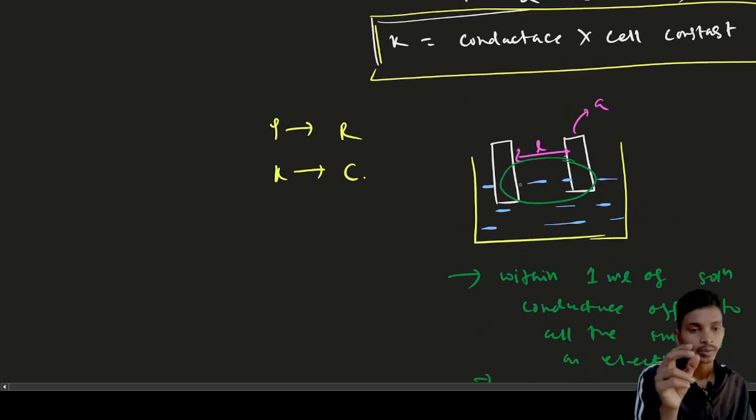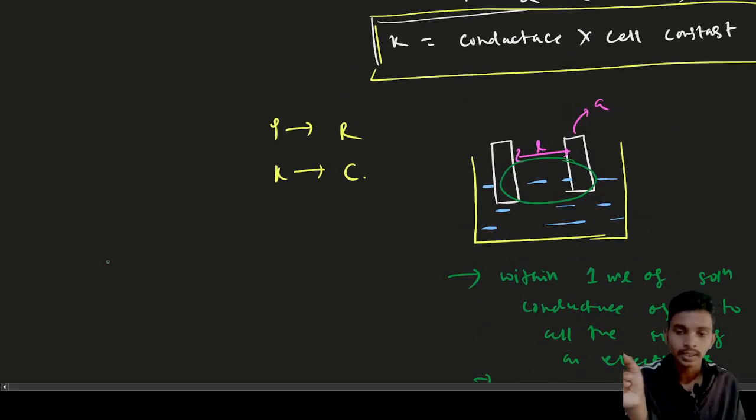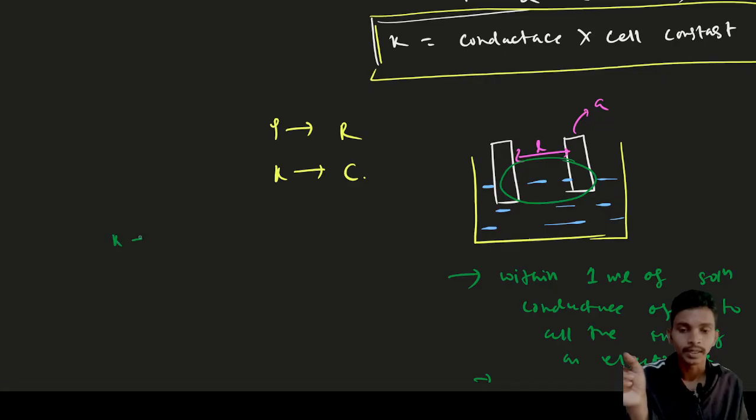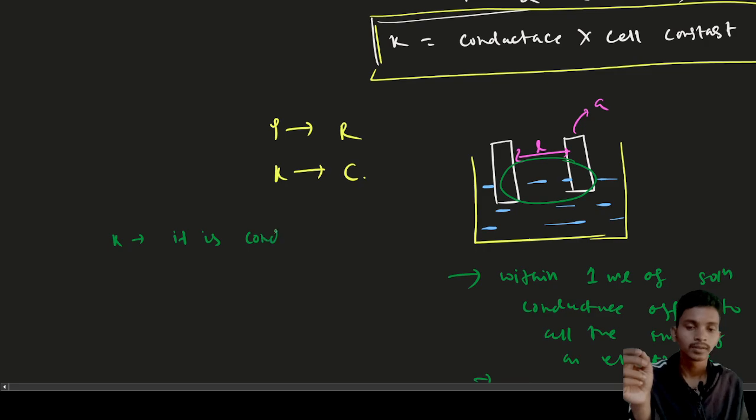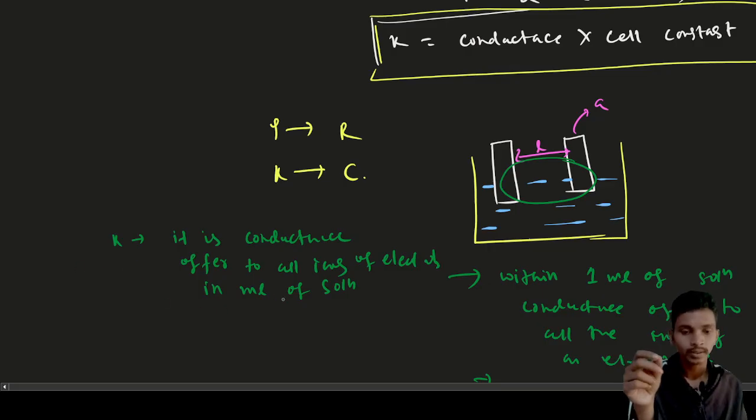It means specific conductance kappa is the conductance offered to all ions of electrolytes in 1 ml of solution, but we do not say how much concentration of ions is present in 1 ml.